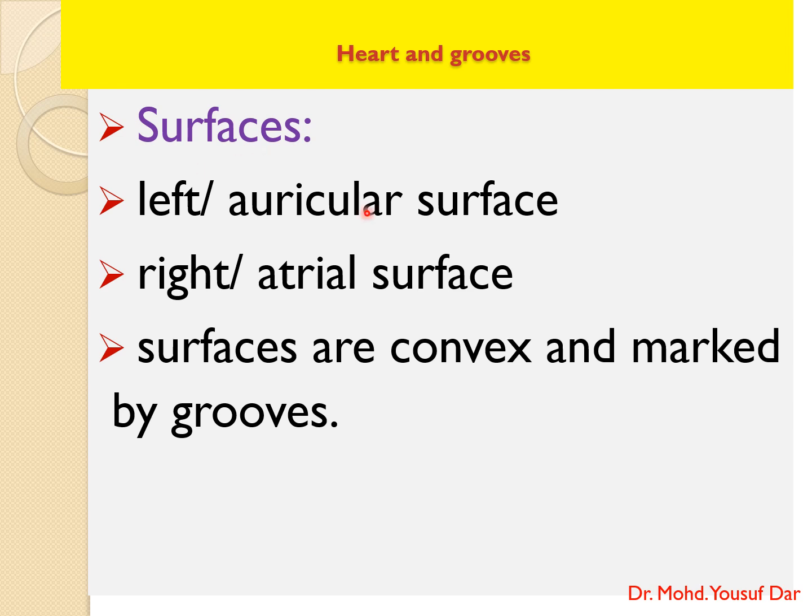Now coming to the surfaces. There are two surfaces present, left surface or auricular surface, right surface or atrial surface. The left surface is also known as auricular surface because the auricular appendix or the auricle is facing towards the surface, that is why it is called auricular surface.